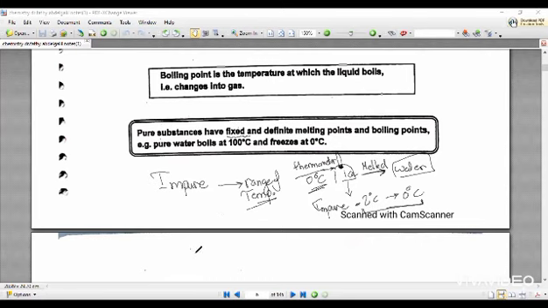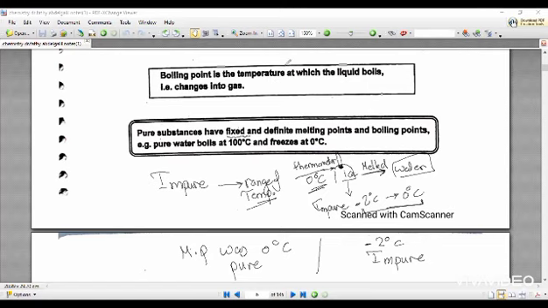Yes, if the original substance's melting point was, for instance, 0 degrees Celsius, this is for the pure substance. But for the impure, you will find the melting point lower than the original one, for instance, -2 degrees Celsius.